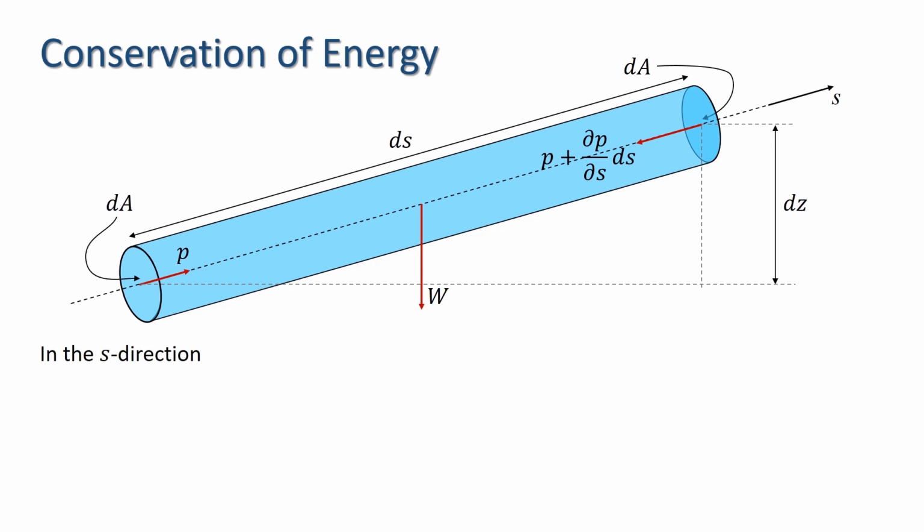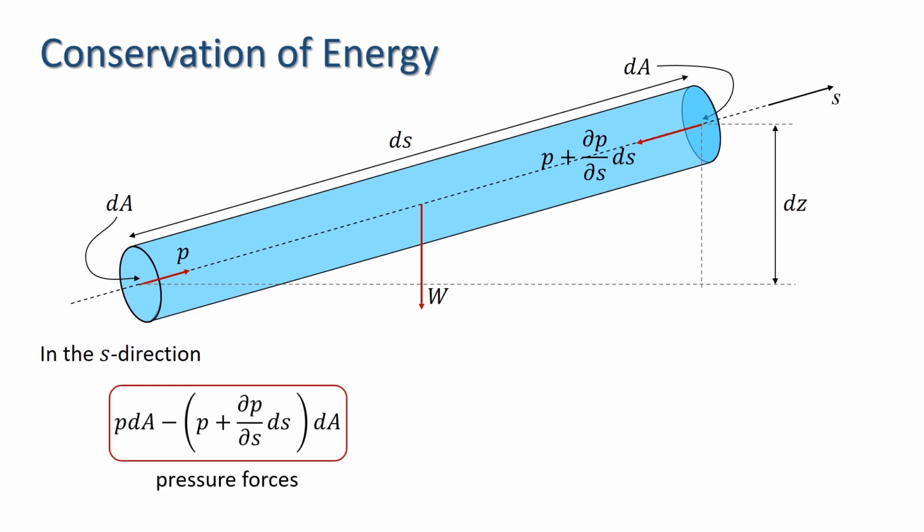If we look at the forces in the flow direction S, we have pressure forces, which are the pressures times the area dA, and of course we must take account of direction, hence the second term is negative. And we have the component of the gravity force in the S direction, which is minus W sine theta, where theta is the angle between the S-axis and the horizontal.